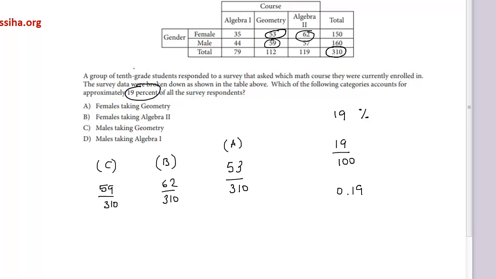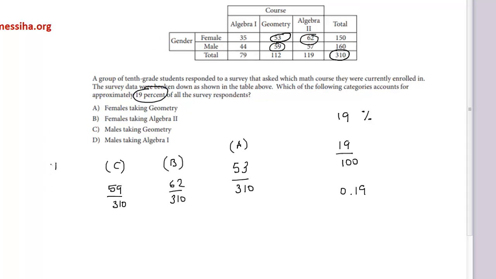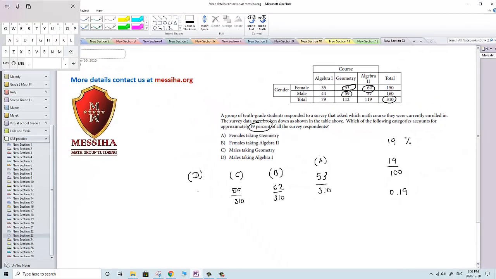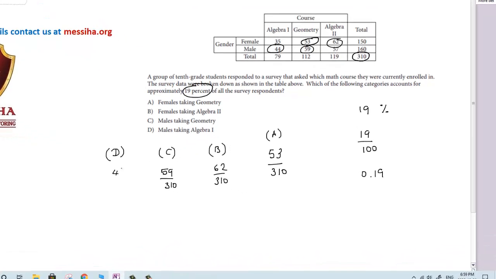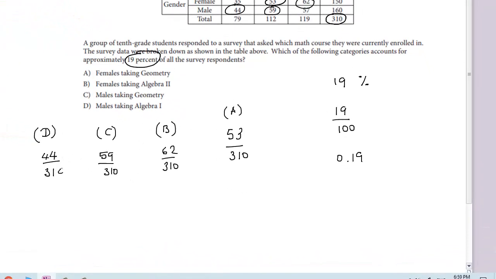And after that, D, males taking algebra 1, I see it here, it's 44 over 310. So we need to know exactly which one is going to be the 19%.